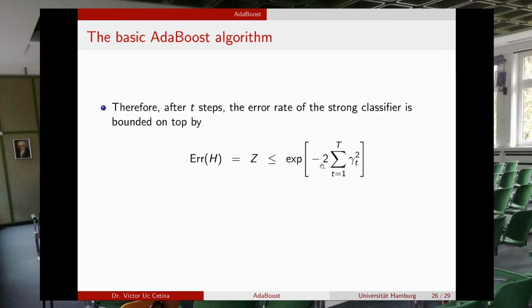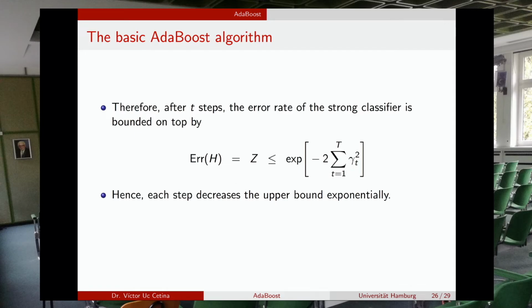And as you increase the number of weak classifiers, this product here will be a larger and larger negative number. And as you do that, the exponential of this large negative number will decrease. So as you increase the number T, you will decrease the exponential. And that is a bound to the error that you can get with your strong classifier.